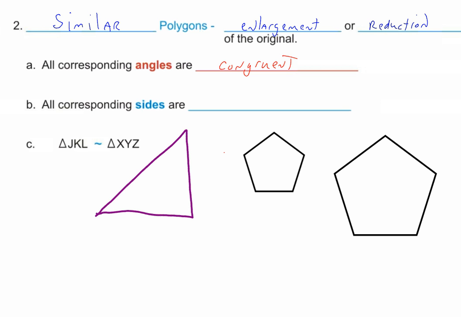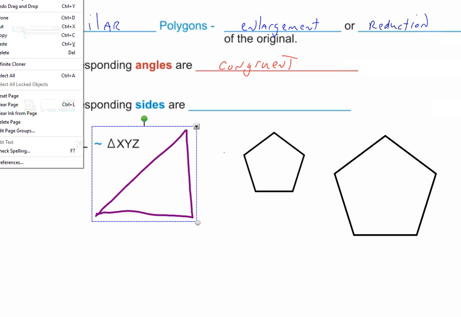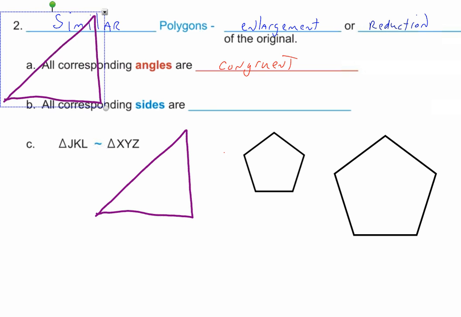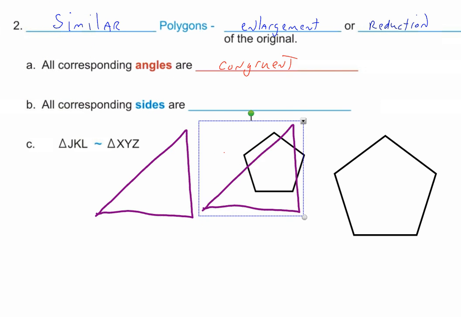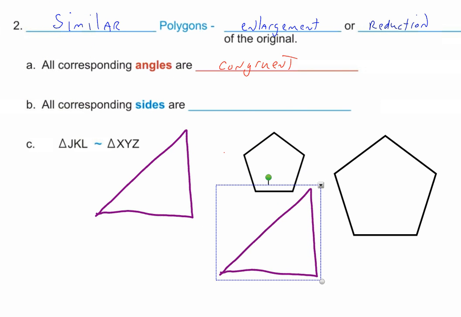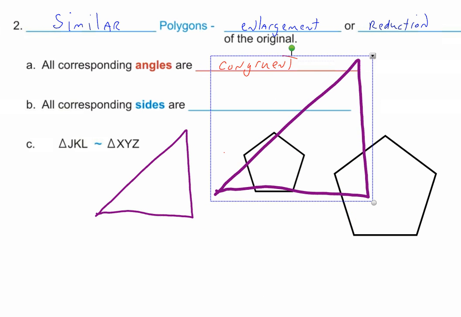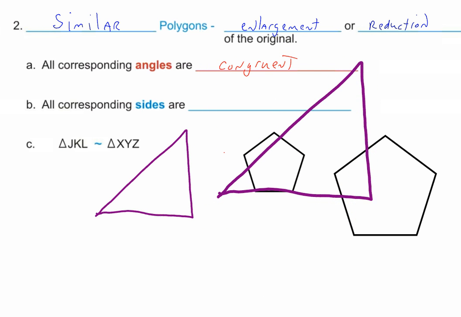Let me show you with a triangle here, because triangles are easy to see the different size of the angles. There's a triangle, right? I'm going to copy it. All right, right now that's congruent triangles, right? But if I enlarge it, I have similar triangles. Notice the corresponding angles are congruent. This angle is congruent to that angle.